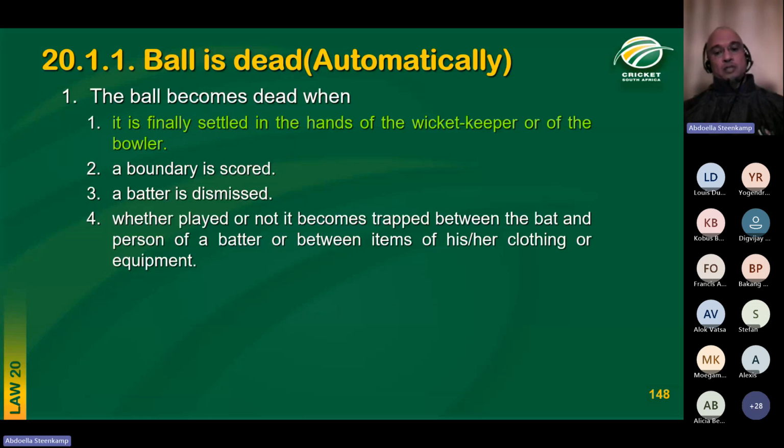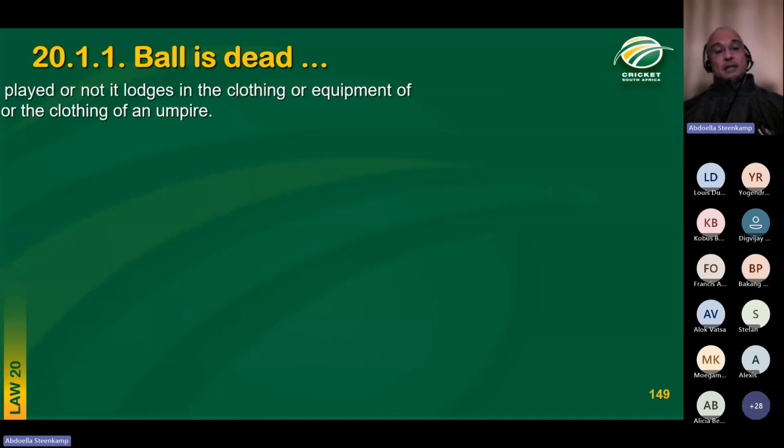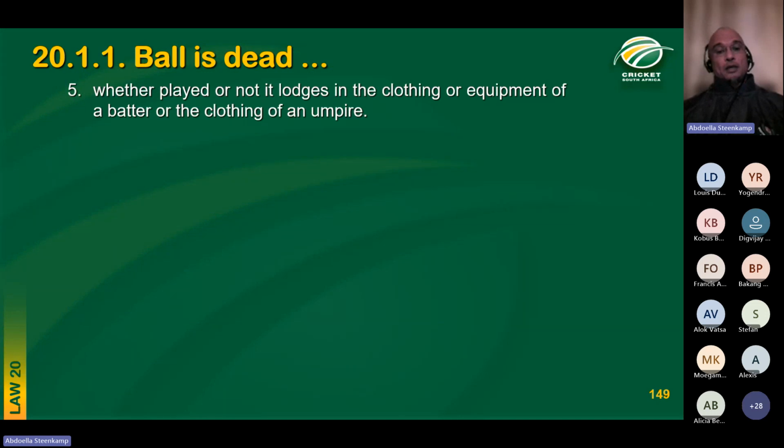Whether played or not, the ball becomes trapped between the bat and person of the batter, or between items of the batter's clothing or equipment. The ball automatically becomes dead when it lodges in the clothing or the equipment of the batter, or it lodges in the clothing of an umpire.